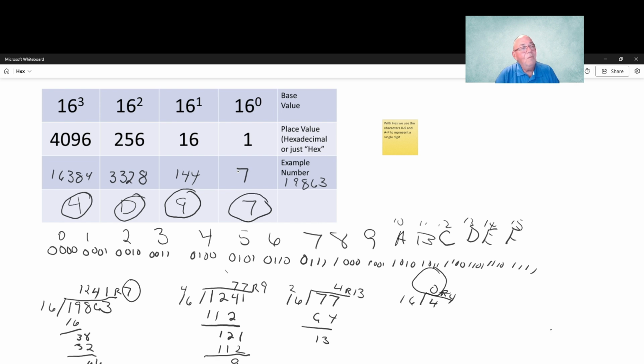So to think back on what we covered here, remember we talked a little bit about the value of hexadecimal. Why do we use hexadecimal? We talked about the relationship between hexadecimal and binary. We did a conversion from binary to hexadecimal, and from hexadecimal to binary.